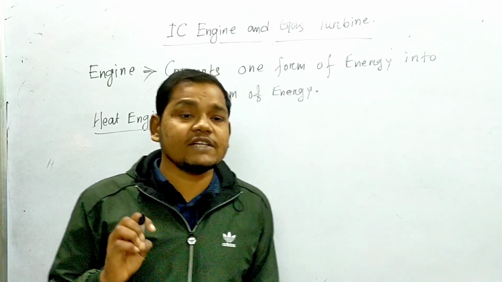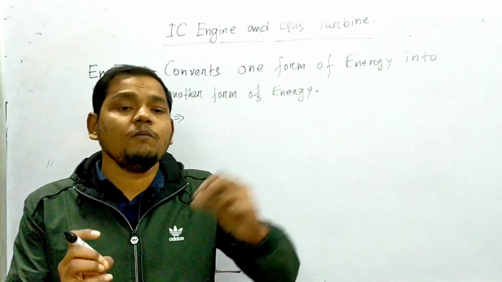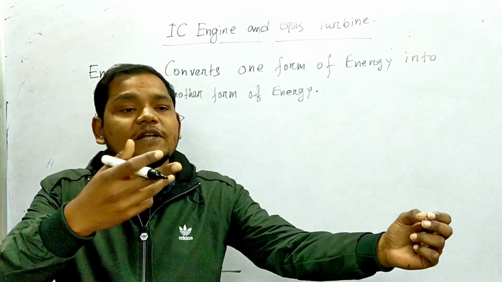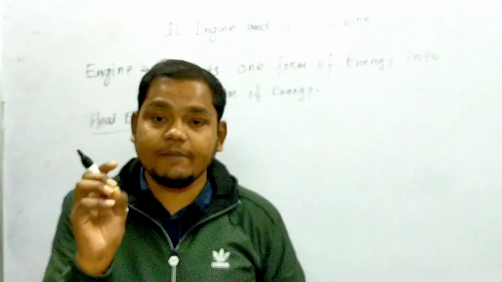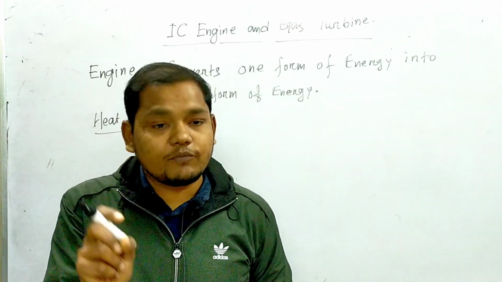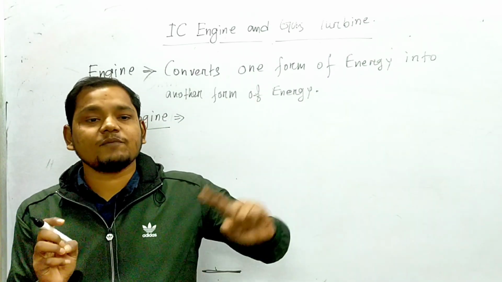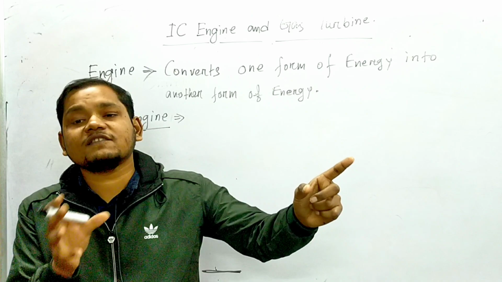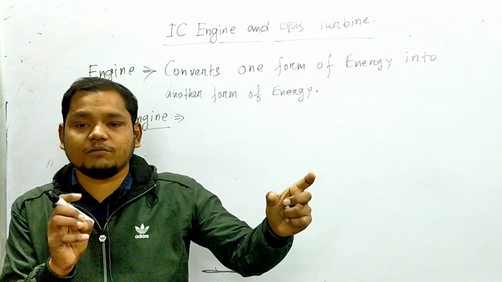Chemical energy to what type of energy? Thermal energy. The chemical energy that we get from the fuel is transferred by the process of combustion. The main process of this heat engine is the combustion process.